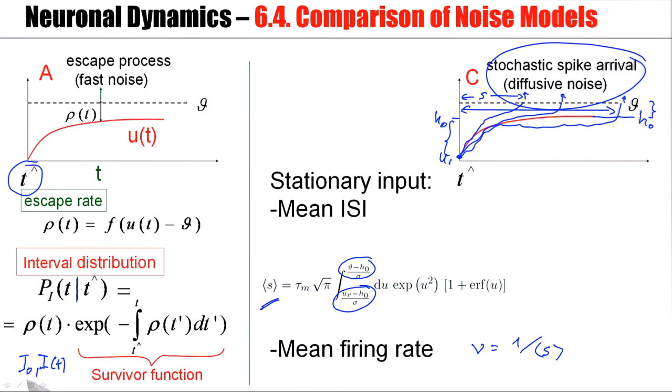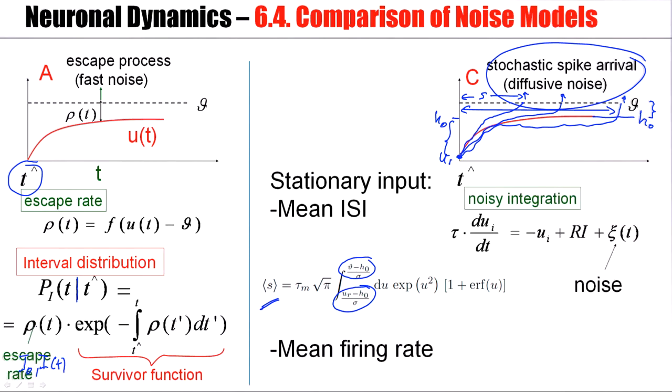For constant input, we can evaluate the interval distribution. Therefore, we can calculate the mean interspike interval. Therefore, we know the mean firing rate for stationary input. But moreover, in this case, we can also calculate the time-dependent interval distribution. And that's something that's rather hard to do in the other case.